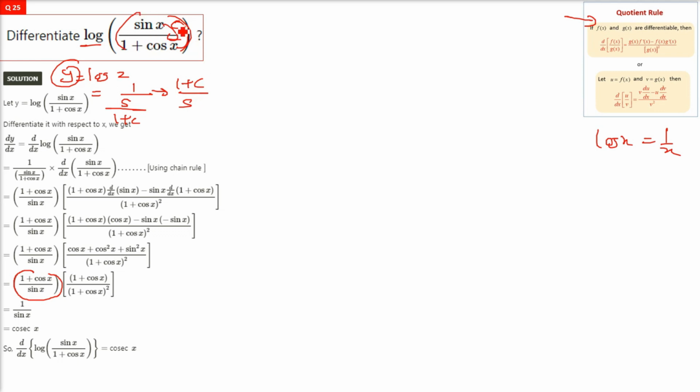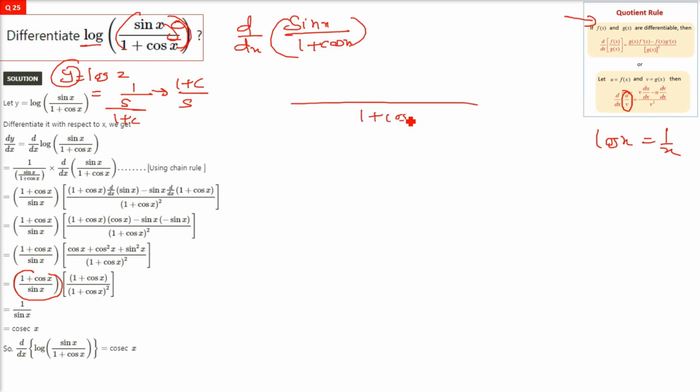So in order to differentiate this, assume this sin x to be u, 1 plus cos x as v. So sin x by 1 plus cos x, u by v. You see on the right, if you are able to write this quotient rule to the examiner, then also it will be very well appreciated. So 1 plus cos x in the denominator square, 1 plus cos x here, d by dx of sin x will be cos x only.